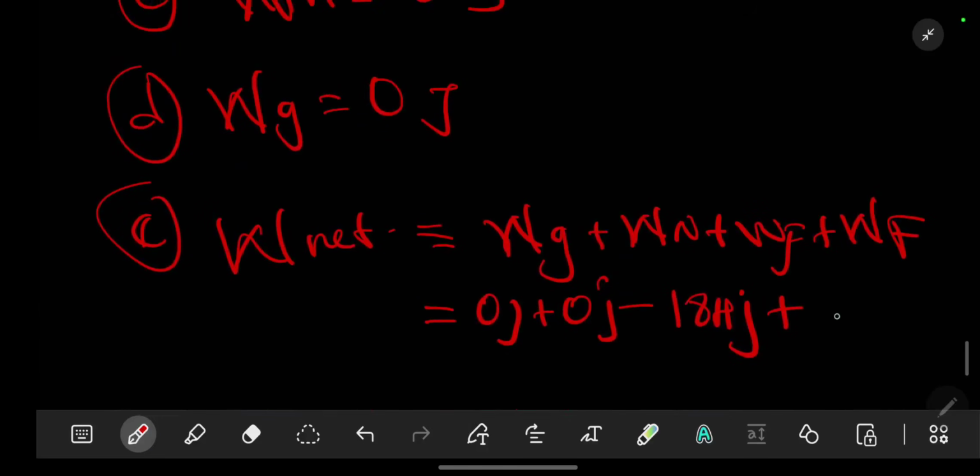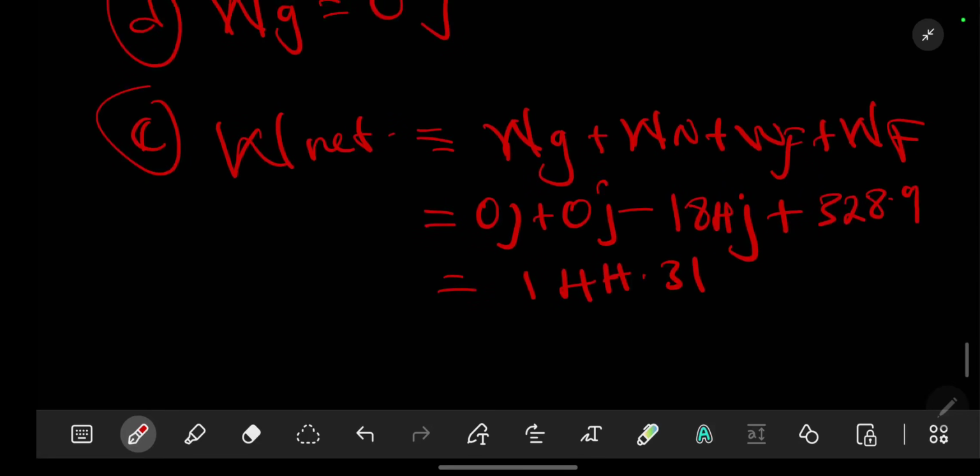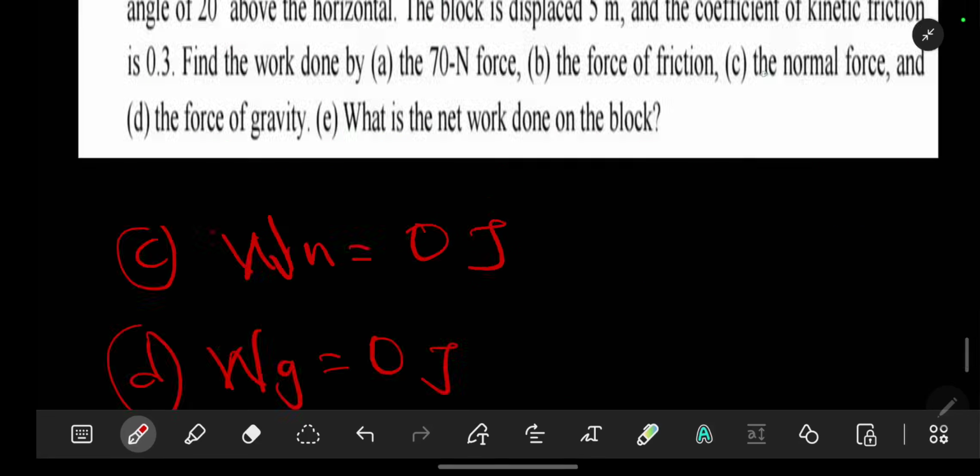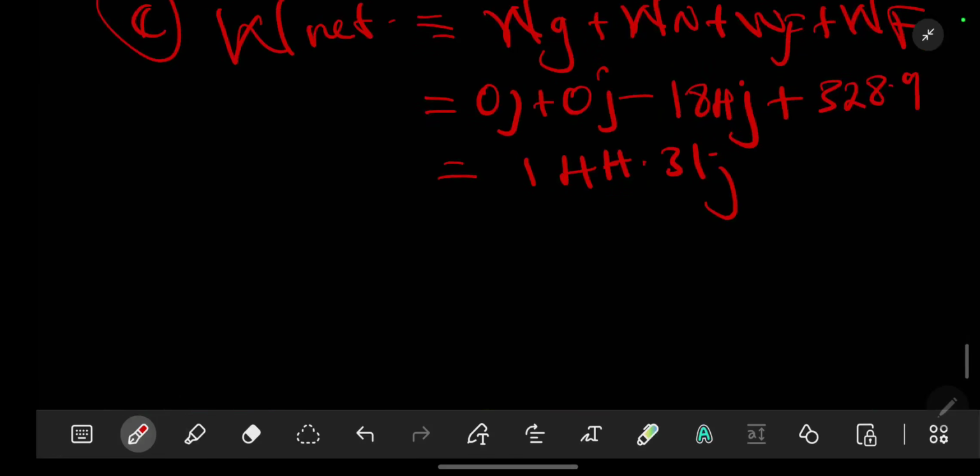So 328.9 minus 184 gives us a value equivalent to positive 144.31 joules. So this is the net work done. That is how we solve those problems.